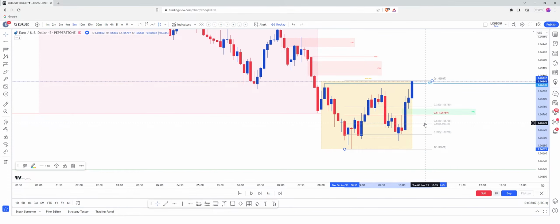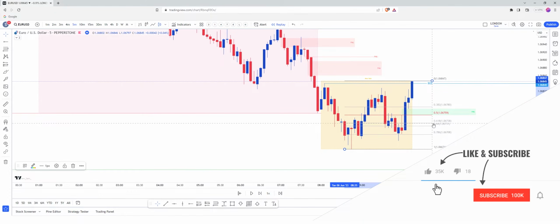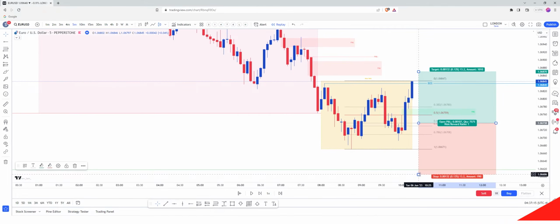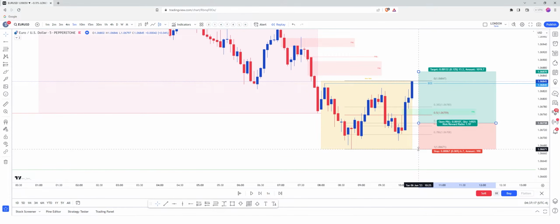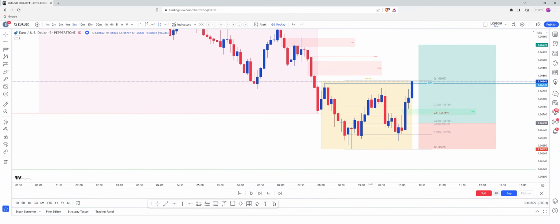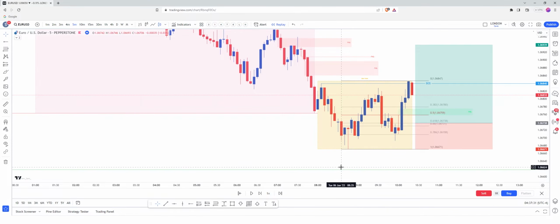So what we're looking for here is price to pull back to the 0.618 where we can take our entry. You would set your limit order at 0.618, your stop loss would go at the swing low, and you will be targeting 3R. Let's scroll forward and see how we move on.